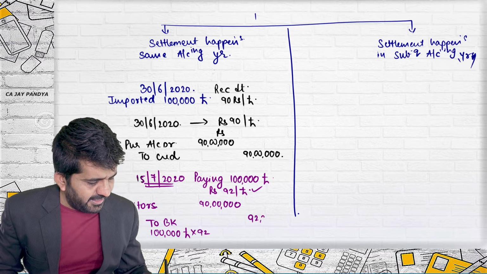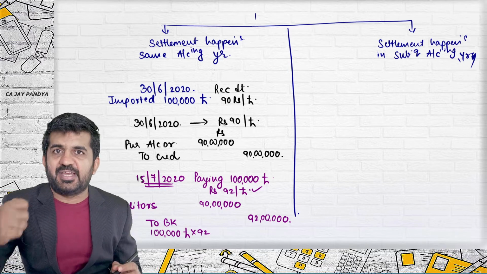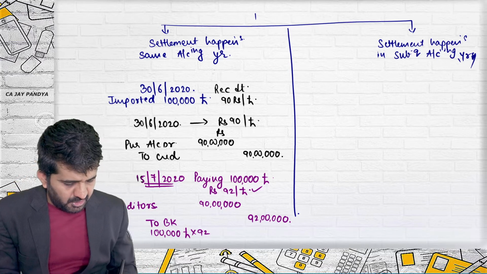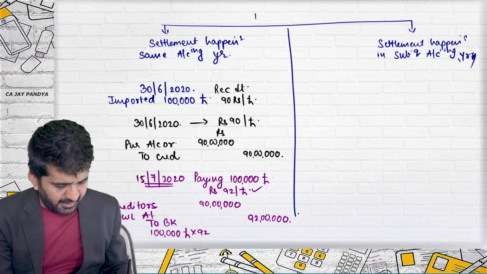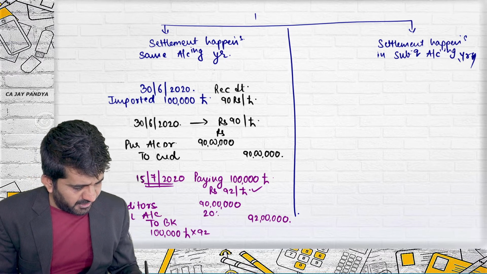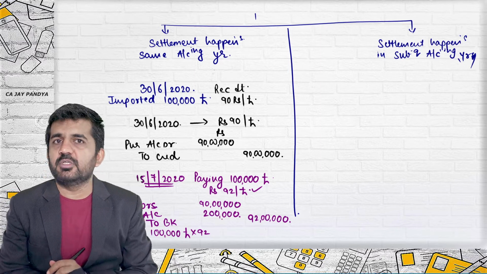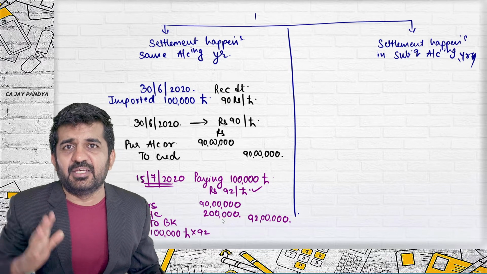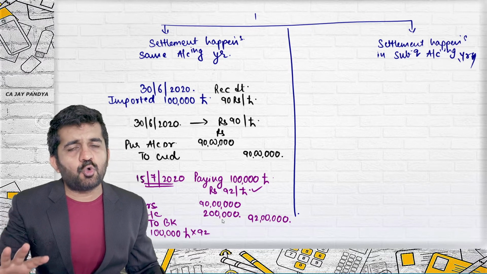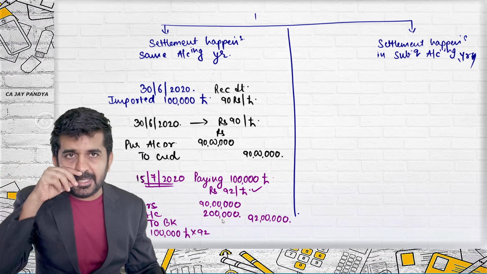So this will be 92 lakhs rupees. 2 lakhs rupees debit balance. So there is a loss, and the loss will be transferred to profit and loss account. This is what AS 11 says, that loss should be transferred to profit and loss account. If the settlement is done in the same period, then there is no question of how it should be recorded as on the closing date.